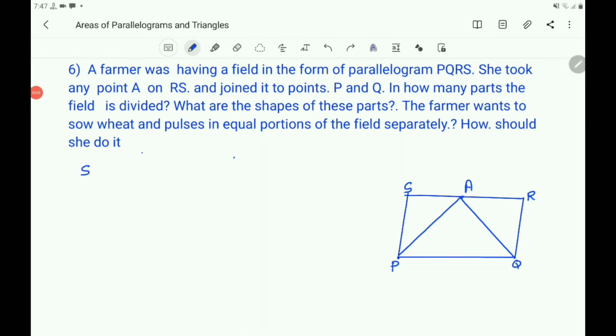Now, let us have the solution here. So, what is given? PQRS is a parallelogram.